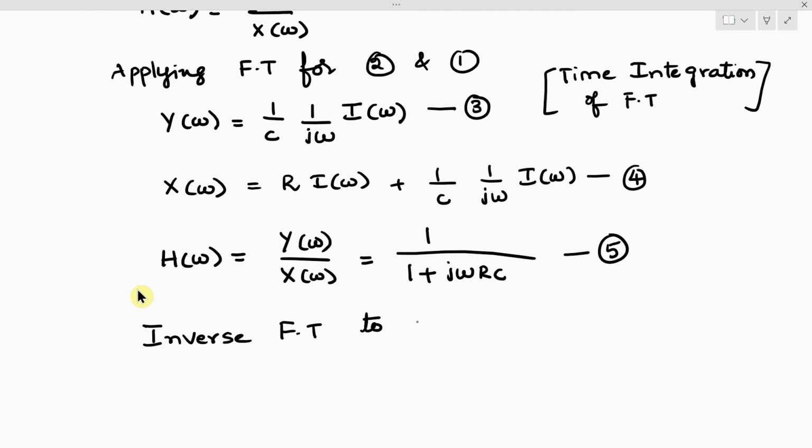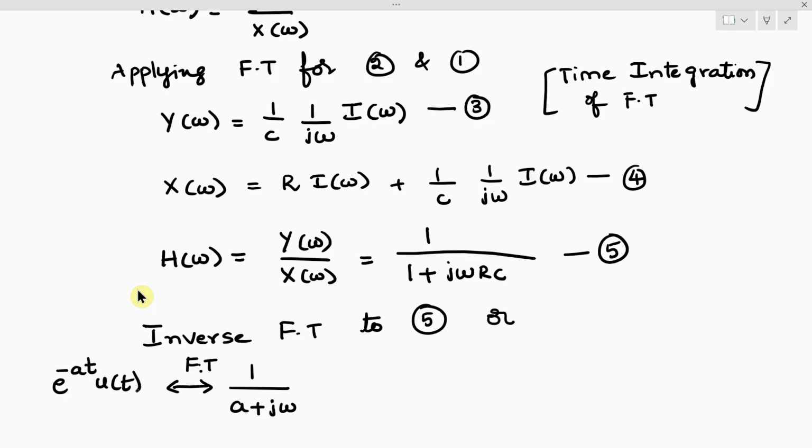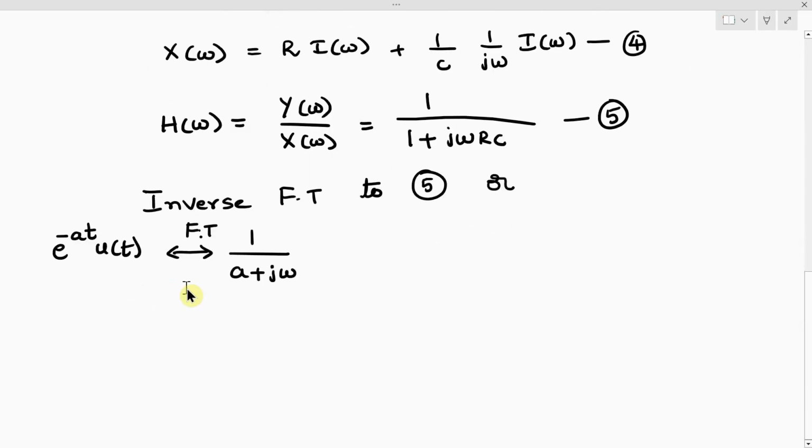Right. Applying the inverse Fourier transform to equation 5, or you can recollect the form 1 by a plus j omega. When you see the 1 by a plus j omega form in the Fourier transform, it is understood that it represents the Fourier transform of e power of minus at u of t. So this I am using now.